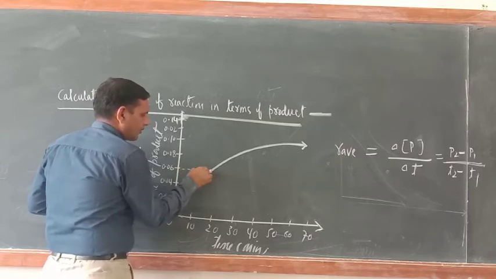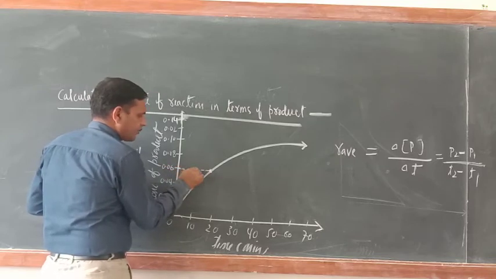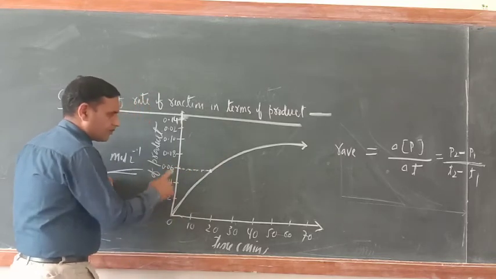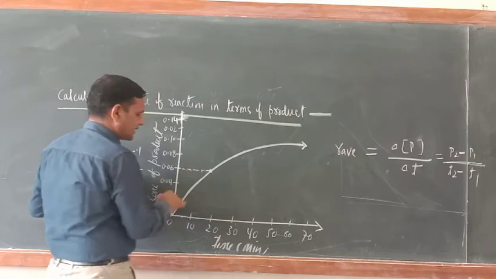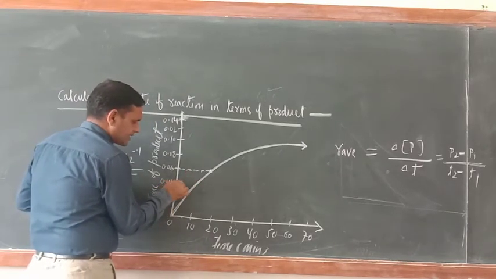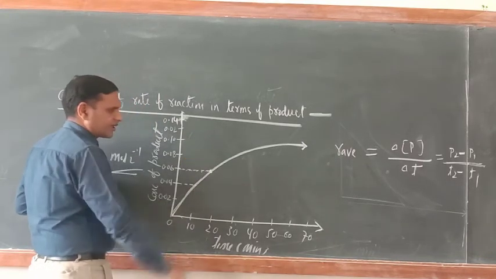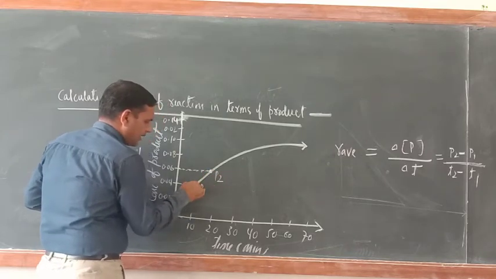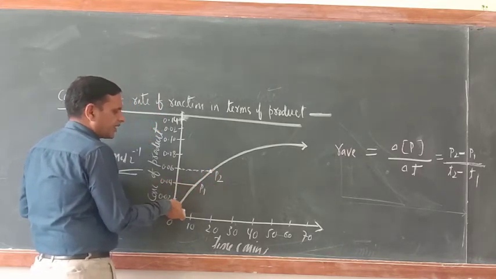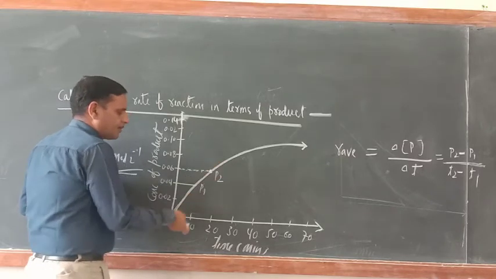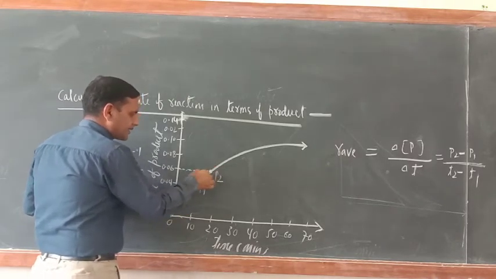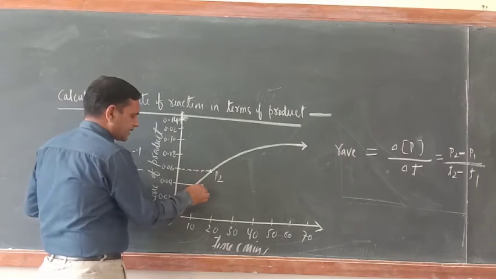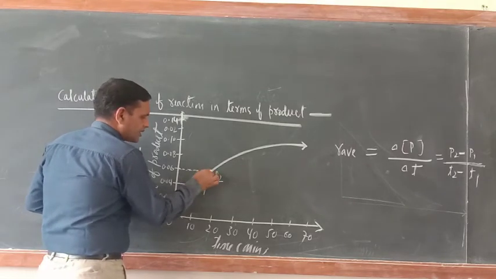This point will be the final concentration, and this is the initial concentration. This will be P1, this will be P2, because with the increase of time, the concentration of product increases.